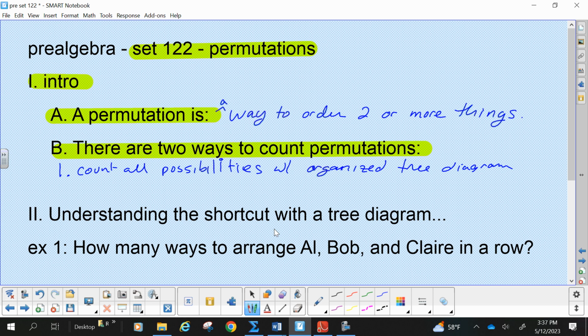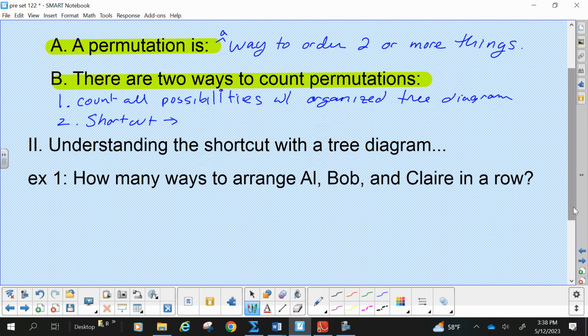So it's a way to organize all the different possibilities. Two is a shortcut. I'll call it the fundamental counting principle, which is a bit of a mouthful. I don't want to tell you how to do it yet. That's the shortcut. You got to pay your dues first, all right? So we'll get to the shortcut in a minute. Let's start with the tree diagram.